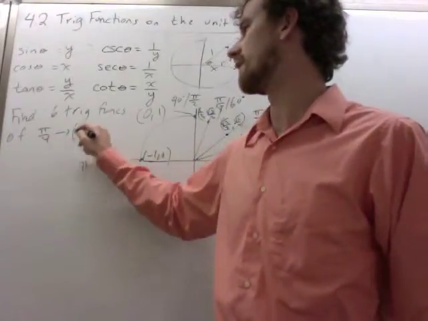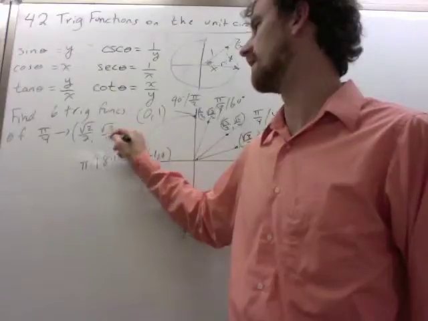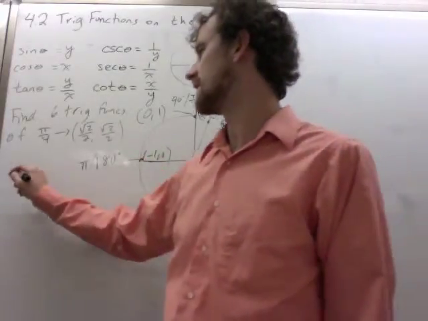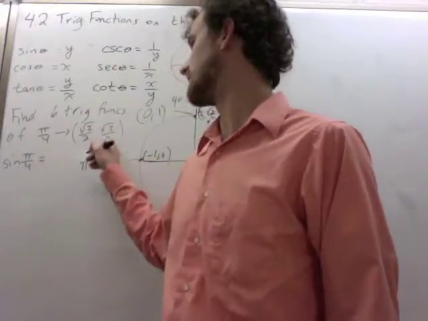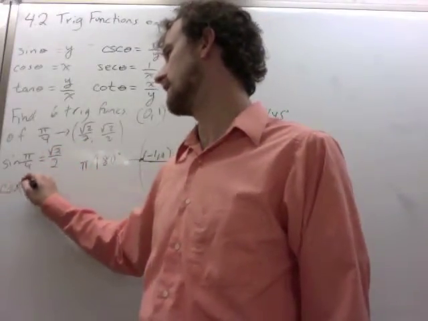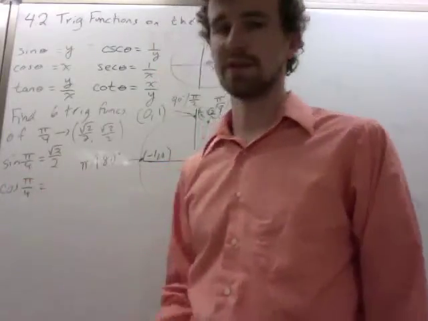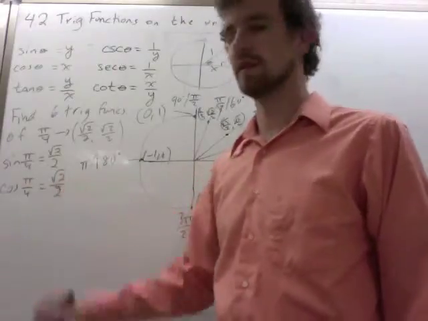For pi over 4, the ordered pair where that angle hits the unit circle is root 2 over 2, comma, root 2 over 2. So the sine of pi over 4 is just the y-coordinate, root 2 over 2. The cosine of pi over 4 is just the x-coordinate, which also happens to be root 2 over 2.